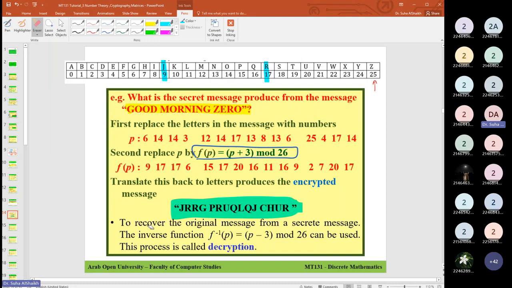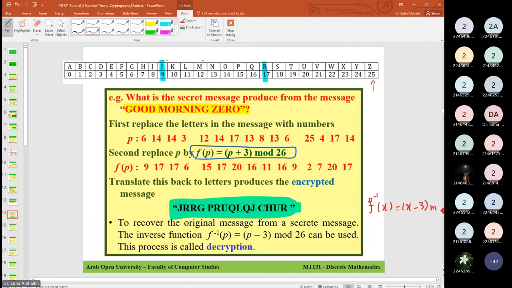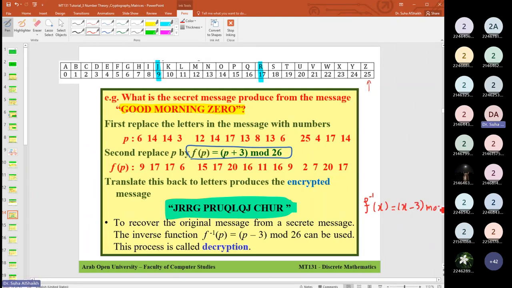So now the receiver, the one that will receive the message, knows that I'm adding 3 places forward. So when he wants to translate this back into the original message, he will apply the function f of x equal to x minus 3 mod 26 again.